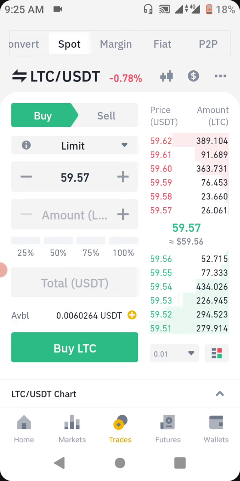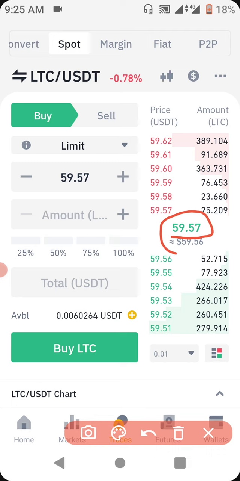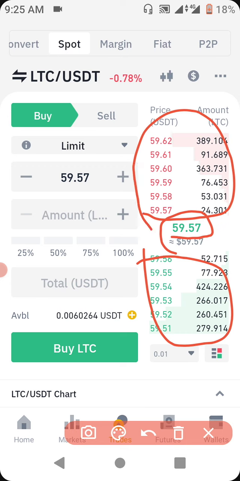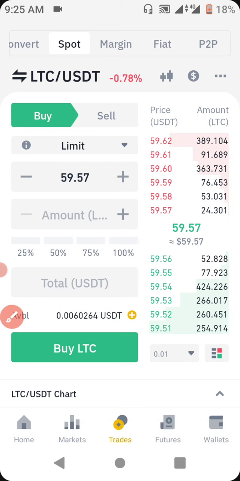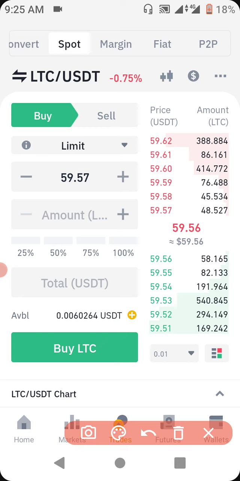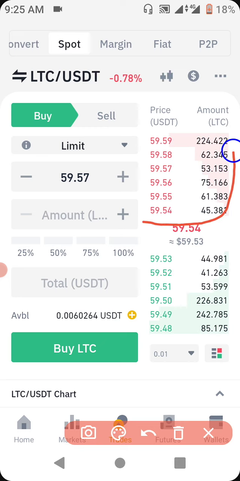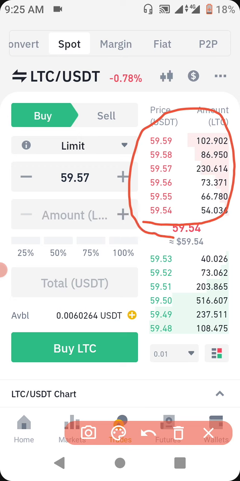Now this is the market price over here. These are all buyers and these are all sellers. When you want to buy, these people are the ones selling right here, and this is the price they are selling for.